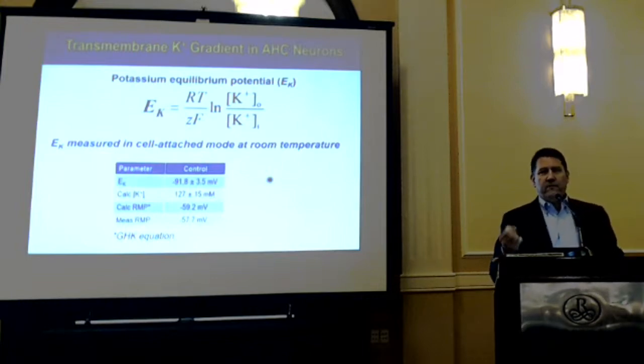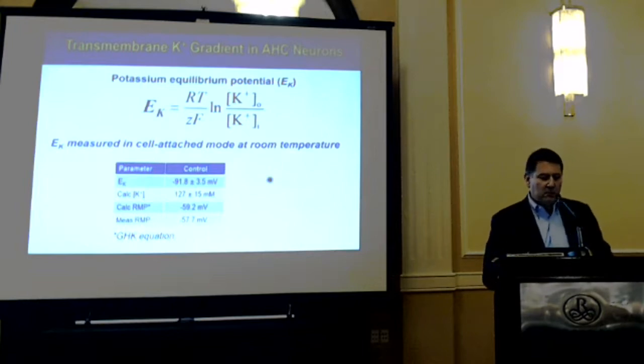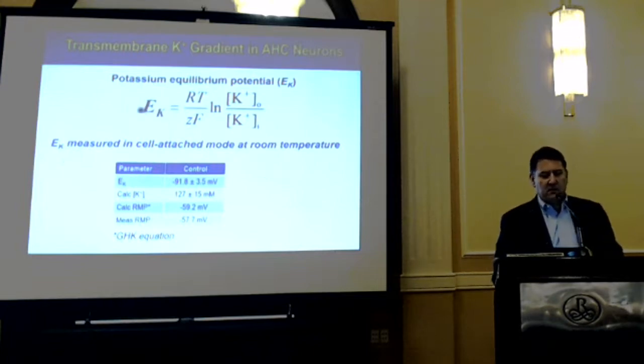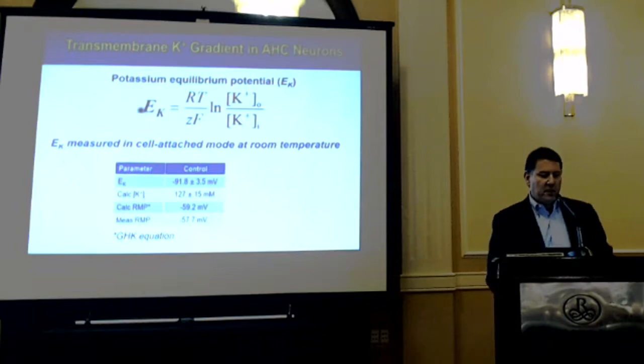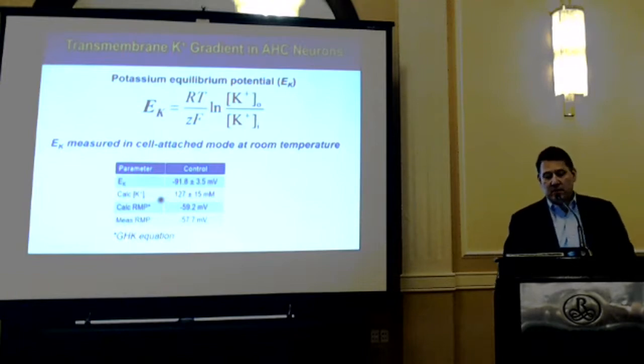Well, we can actually infer the potassium concentration by measuring something called the equilibrium potential. Now, this is really advanced stuff here, but basically this is a measurement that infers the ratio of the external, or the outside, potassium concentration relative to the inside potassium concentration. We make this measurement easily in the neurons, and then we can back calculate what the concentration of potassium is inside the cell.